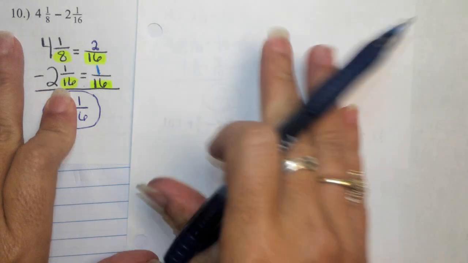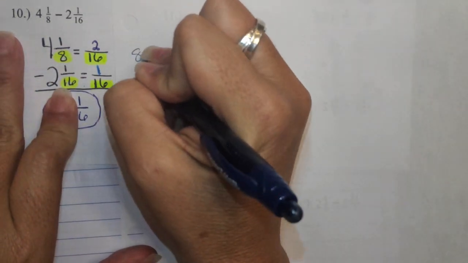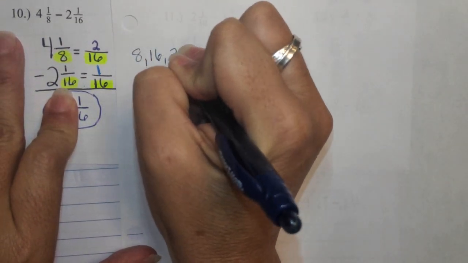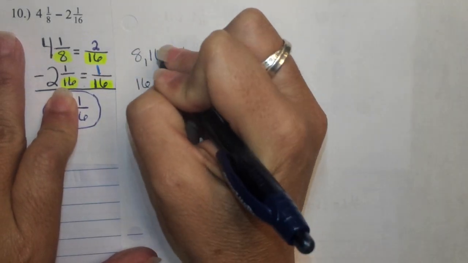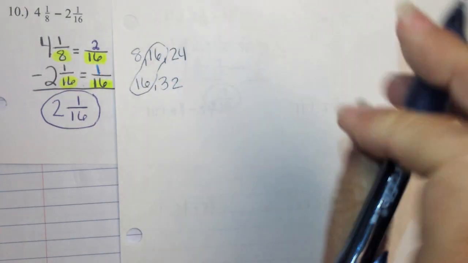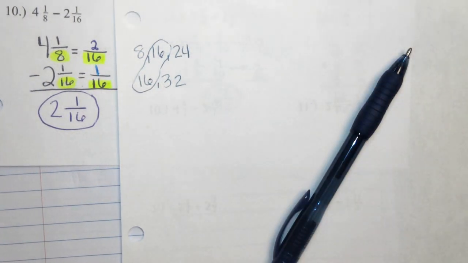Because if I skip count by 8s, and I skip count by 16s, do you see how that is the common one? That's how I got that bottom number. If you're not real sure on that, start by writing that down.